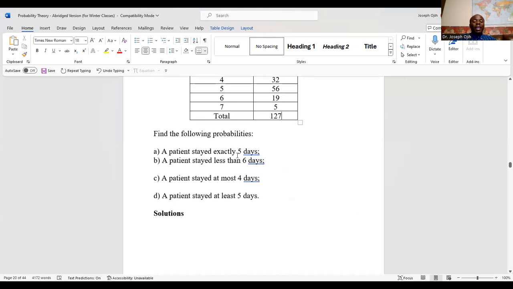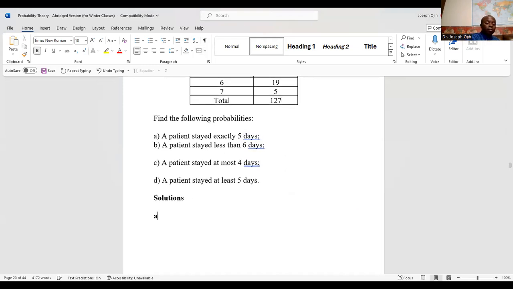Now, part A: the patient stayed exactly 5 days. So we need P of 5 days.